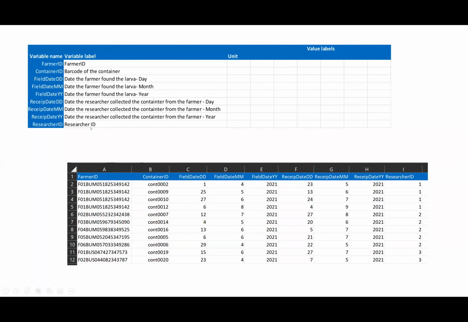So there is a researcher ID here. And this is what it roughly looks like once it has been transferred from ODK into a clean data set. Researcher ID is codes.